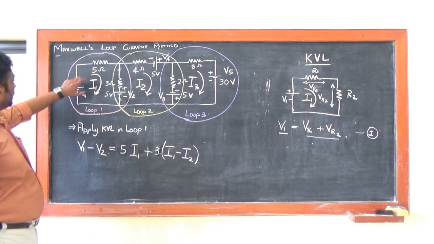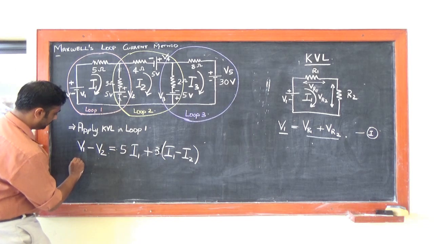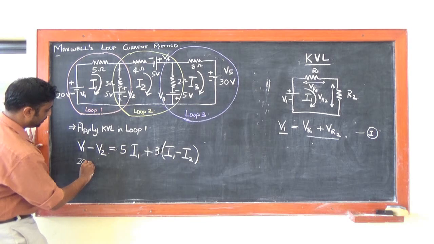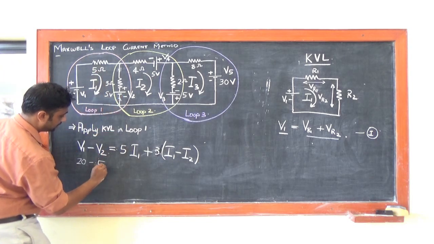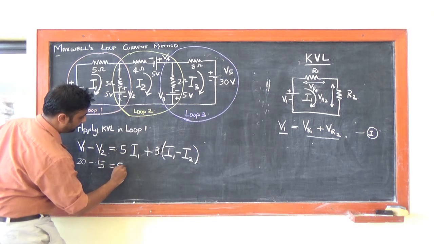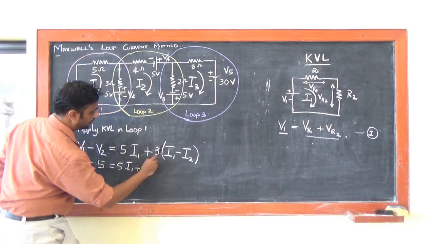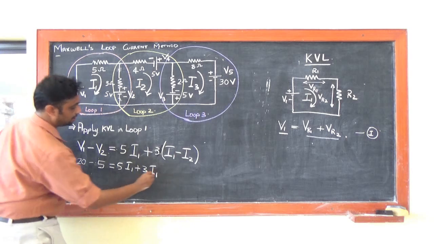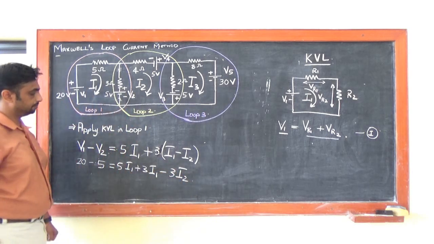Now, substituting the values, the first value we have is 20 minus V2, which is 5 volts, equals 5 I1. We'll expand this: 3 I1 minus 3 I2.